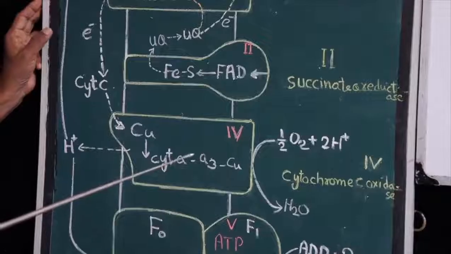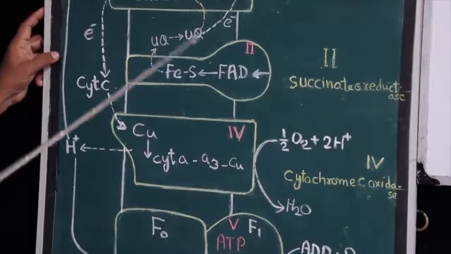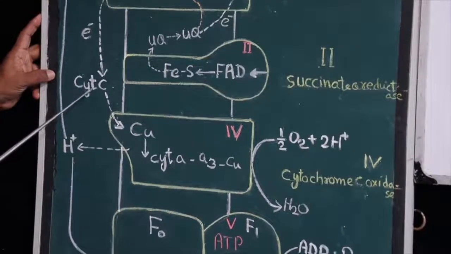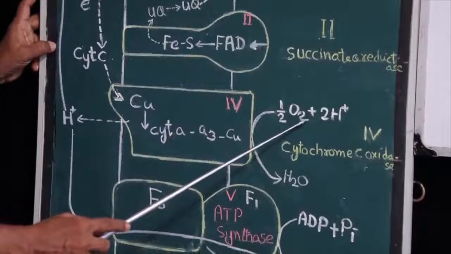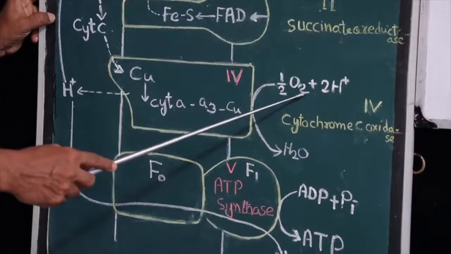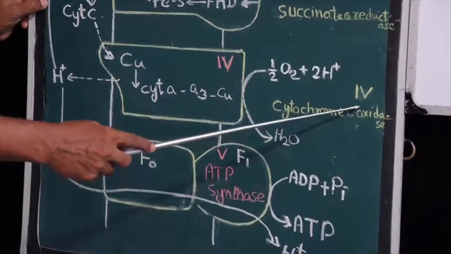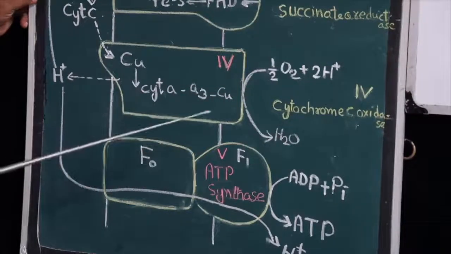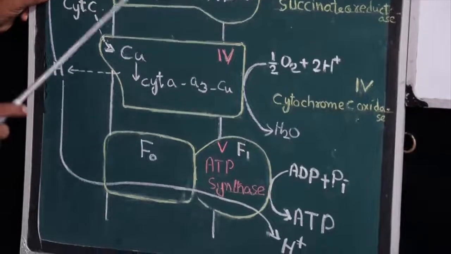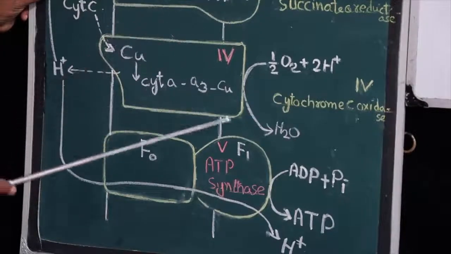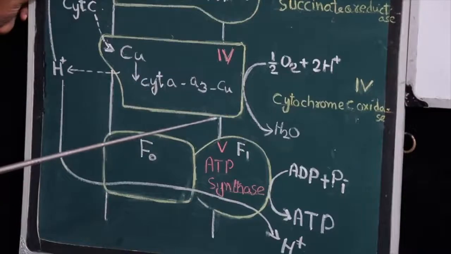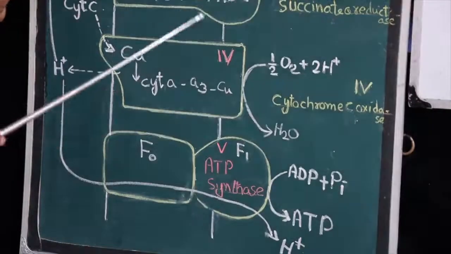Okay. Finally, electrons are transferred from cytochrome c to oxygen, the final electron acceptor, with the help of cytochrome c oxidase, complex 4. Here cytochrome aa3 and copper are an integral part of cytochrome c oxidase. It's very important.